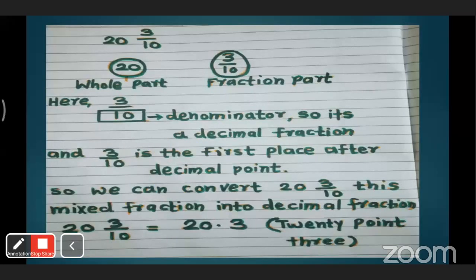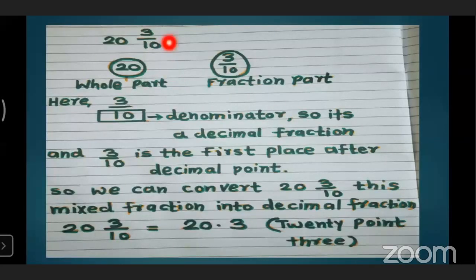Now let us convert this fraction into decimal. Okay, now see 20 and 3 upon 10. Here 20 is the whole part, right? And 3 upon 10 is the fraction part.